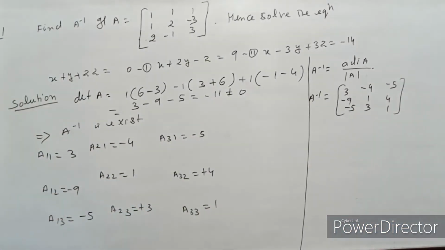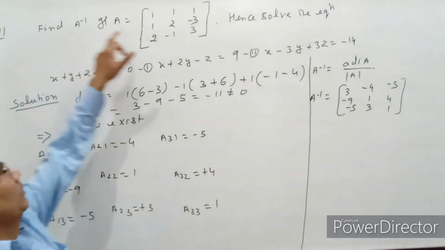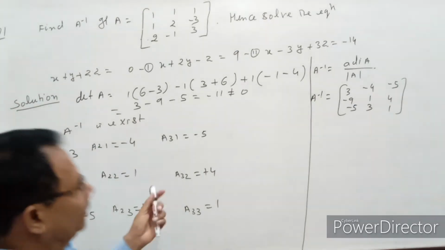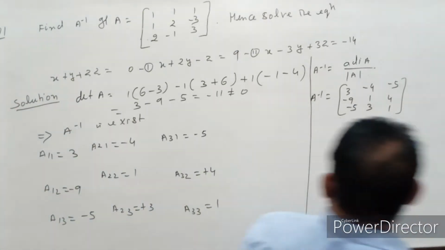Now, again, find A inverse if A is equal to this, and hence solve the given equations by using this A inverse.